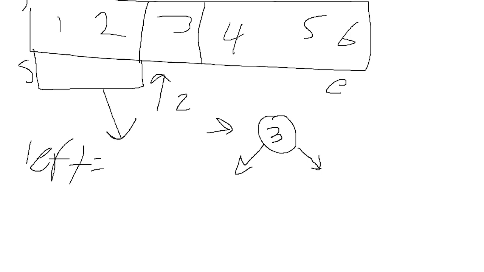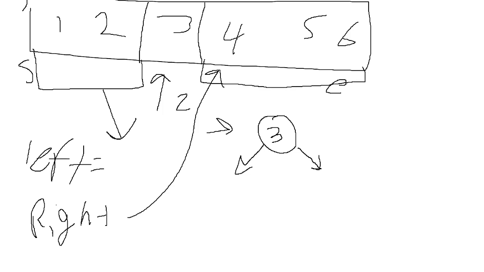So that will be your left. And your right will be equal to this part. And then at this point, you're going to get your mid. So this is going to be your mid.